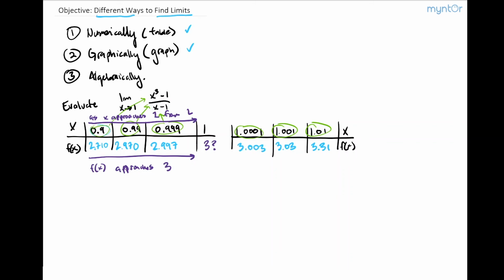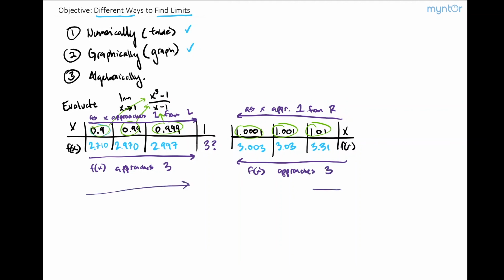And so we could say that as x approaches 1 from the right, f of x approaches 3. And so we can see that as we approach 1 from the left and as we approach it from the right, it seems like f of x is approaching 3.